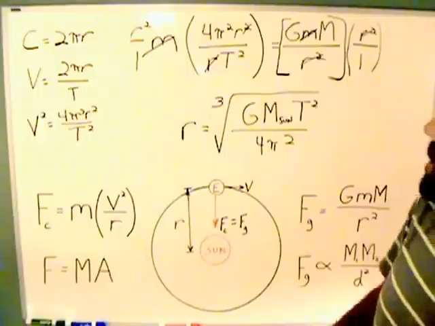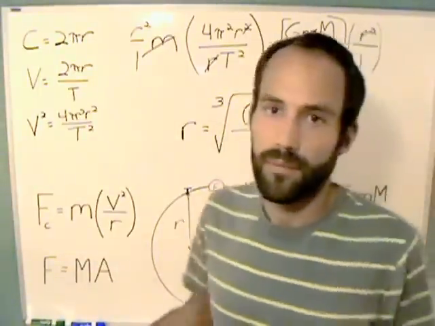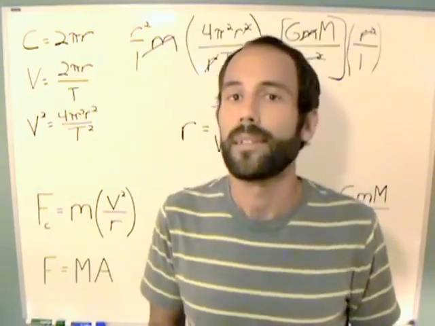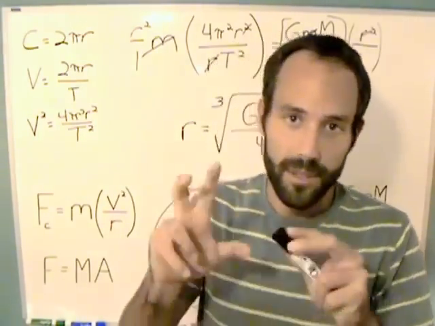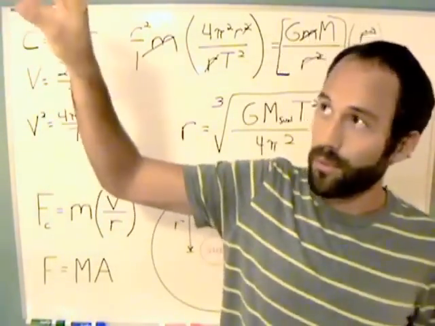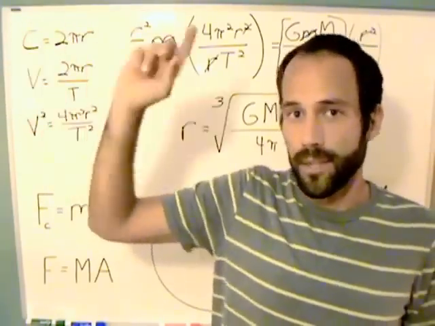And so what they say is that if you know the period, for instance, Jupiter takes 11.86 years to do its thing. If you pick a point in the sky and record where it is, it will take 11.86 years to get back to that point.